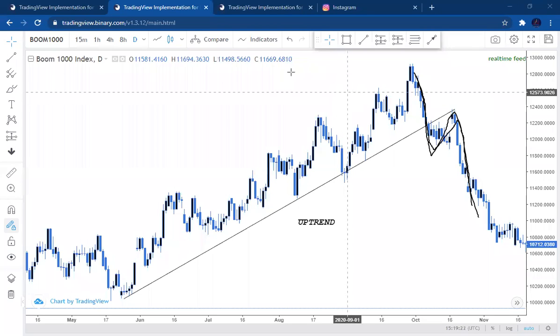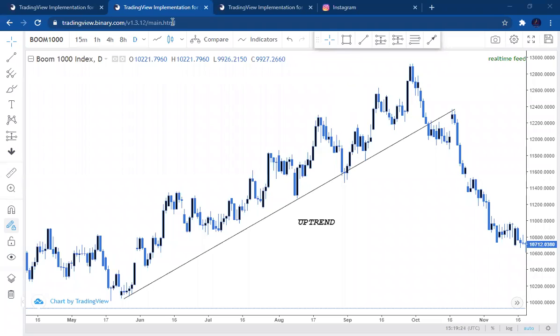So right now, without wasting much of your time, I'll be showing you an example on the third trend of the market, which is the sideways market.